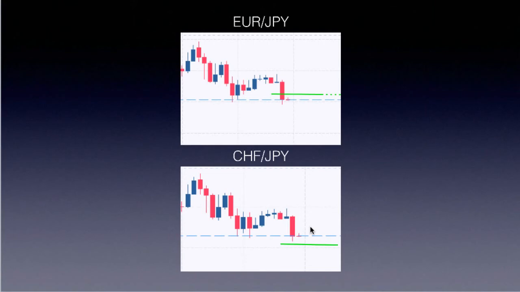So because they move pretty much in the same direction, we want to do a buy order on one of them and a sell order on the other. Now it doesn't matter which particular pair you do the buy, which pair you do the sell. That does not matter. You just want to make sure that's what you would do.